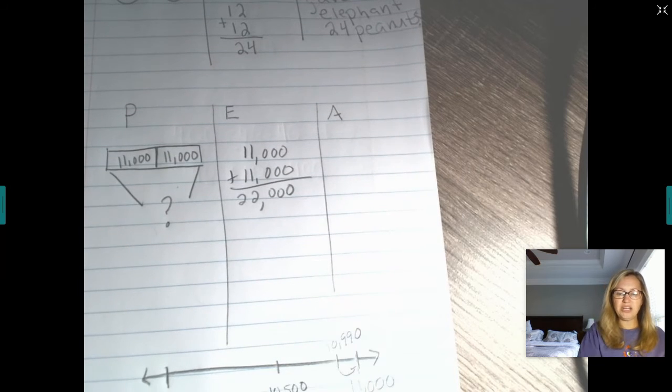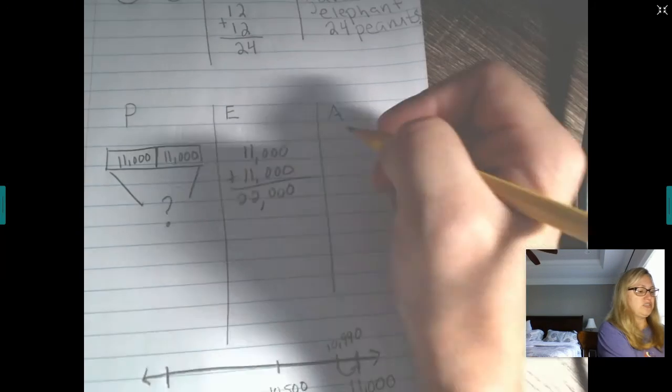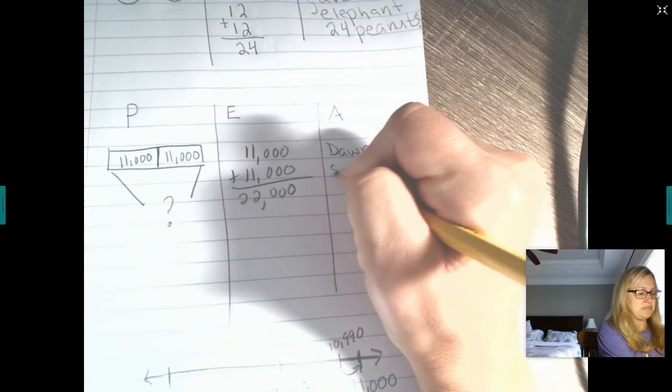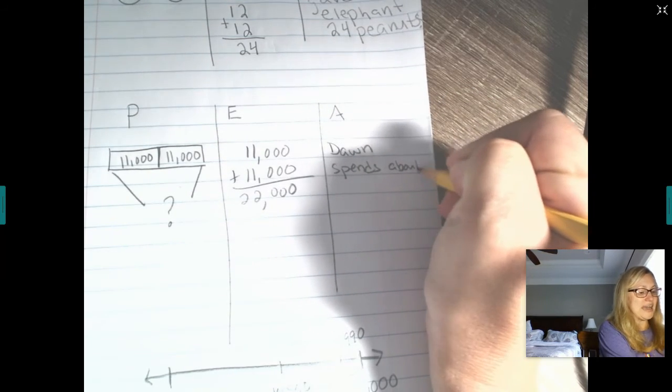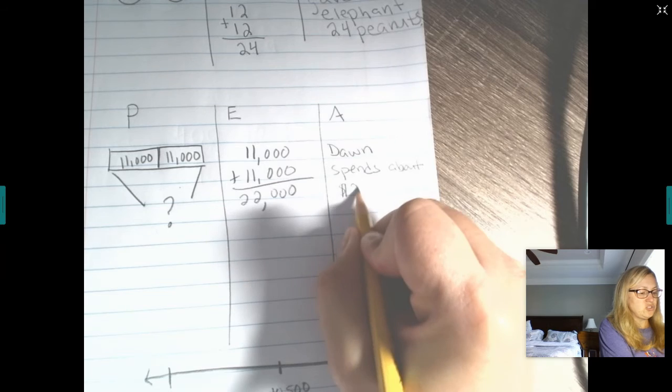The question says, how much money does Dawn spend the first 2 years of college? So we're going to say Dawn spends about, because remember we rounded to estimate, about $22,000.